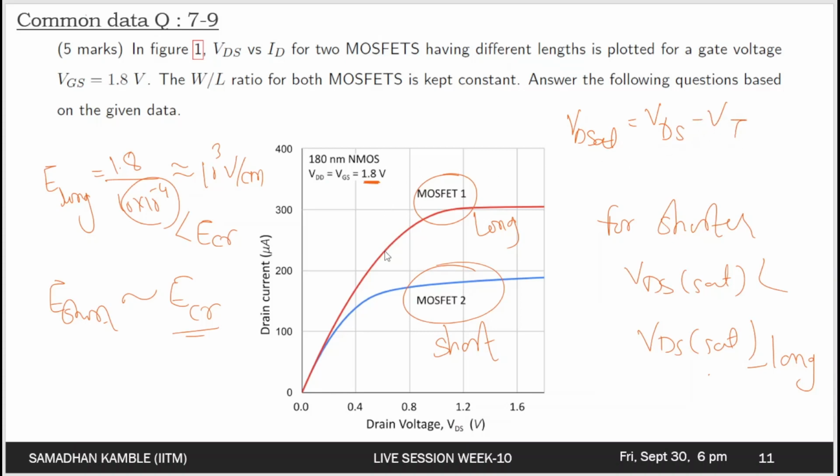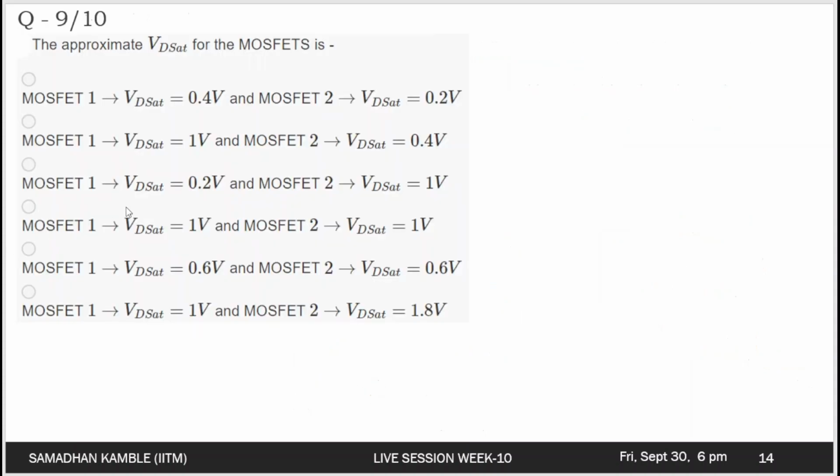So 1.8 minus VT, which is around 0.5, so around 1 or 1.2 is the VD saturation for the long channel, and for the short channel it is around 0.4 to 0.5. So in our options, for MOSFET 1, the long channel MOSFET, VD saturation is around 1 volt, and for MOSFET 2, the short channel MOSFET, VD saturation is around 0.4 volt.